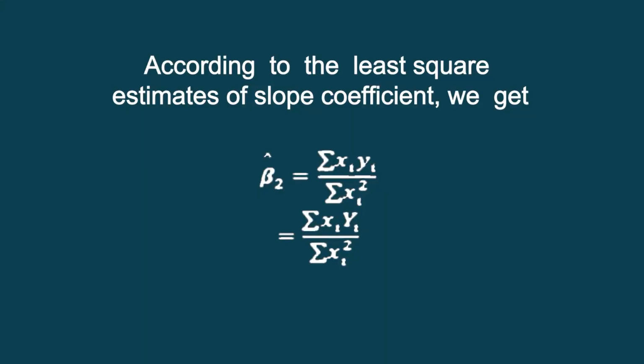So when we go for the BLUE property of an estimator, we start with the first 2 cases, that is the property of linearity and unbiasedness. As we go back to the property of linearity, we can see that this beta 2 hat, which was already derived under the OLS, comes out to be summation xi yi divided by summation xi square.